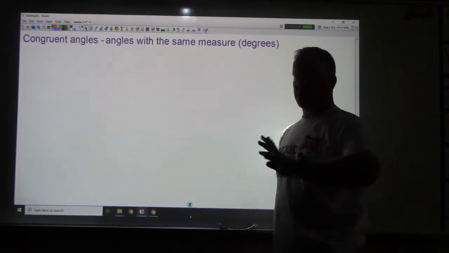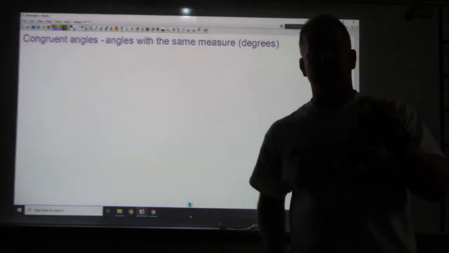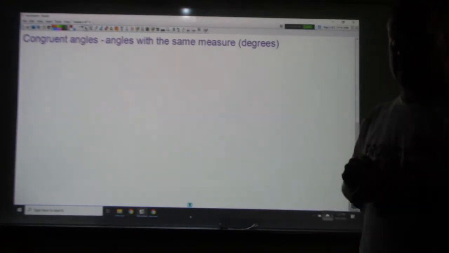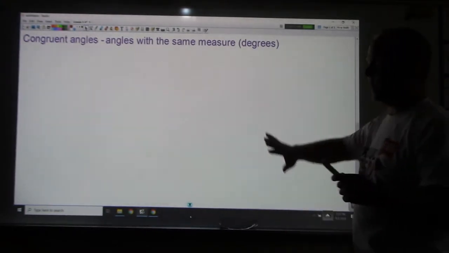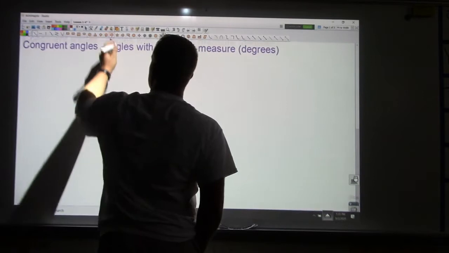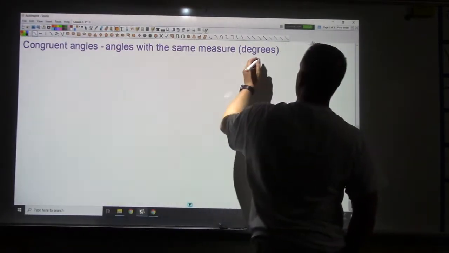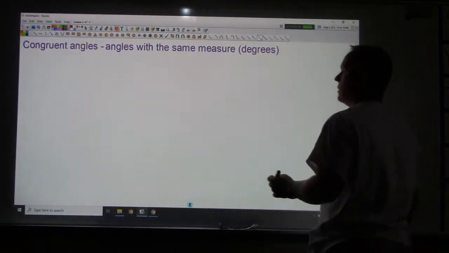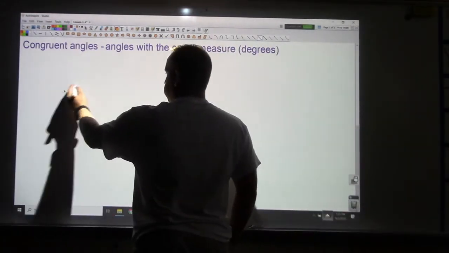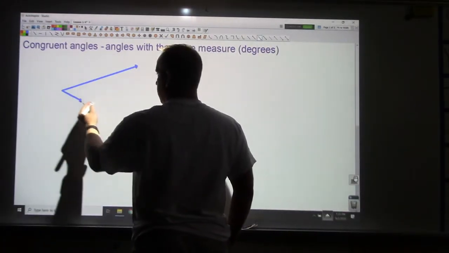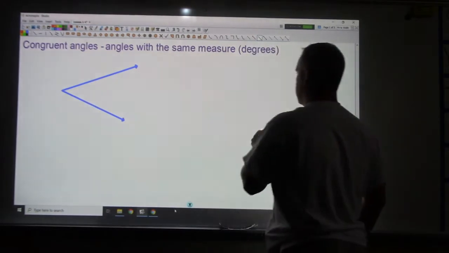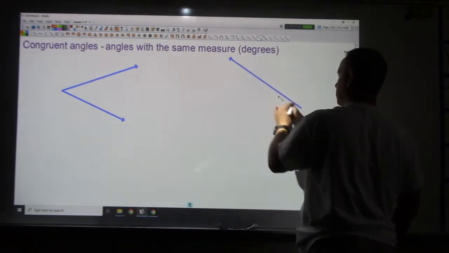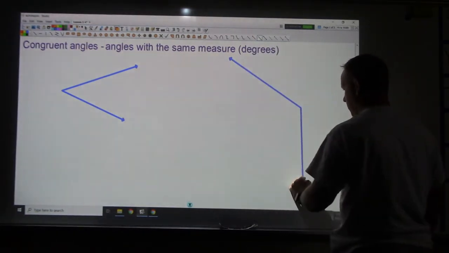Now, if you remember back to congruent segments, if I had two of them that were congruent, I could put the tick marks, right? Tick marks don't work for angles. So I will show you what we use for the angles. Here's an angle. There's an angle.